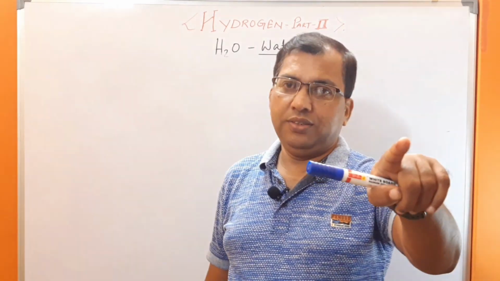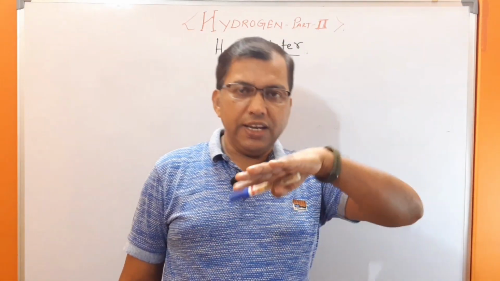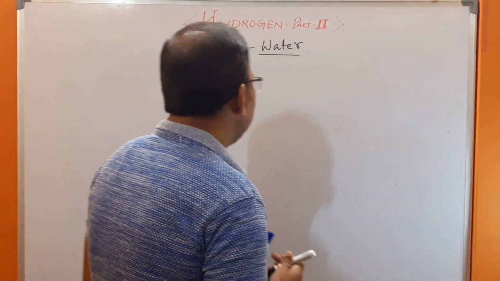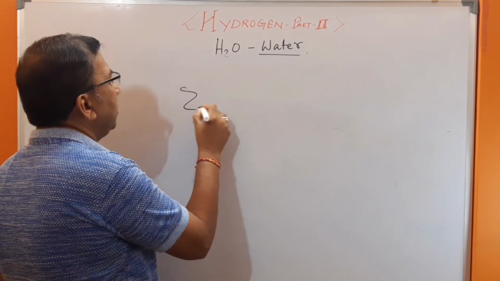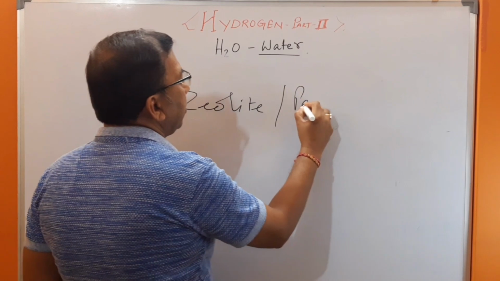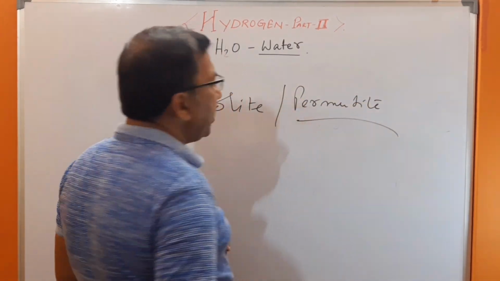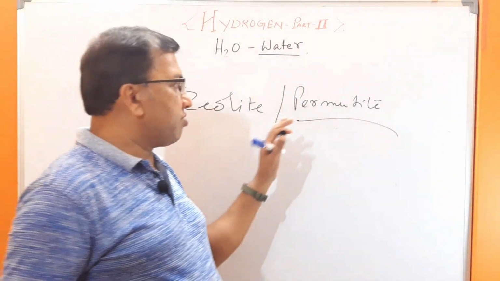So zeolite is sodium aluminum silicate. Zeolite or permutit is a trade name.